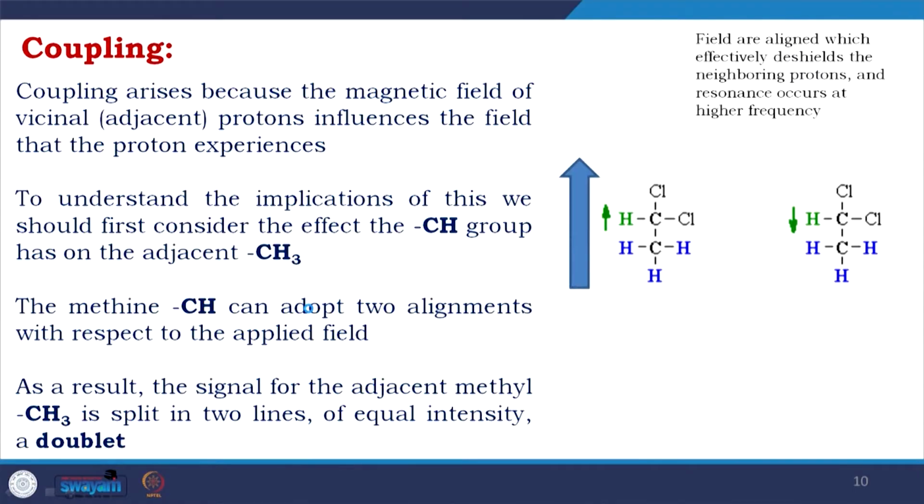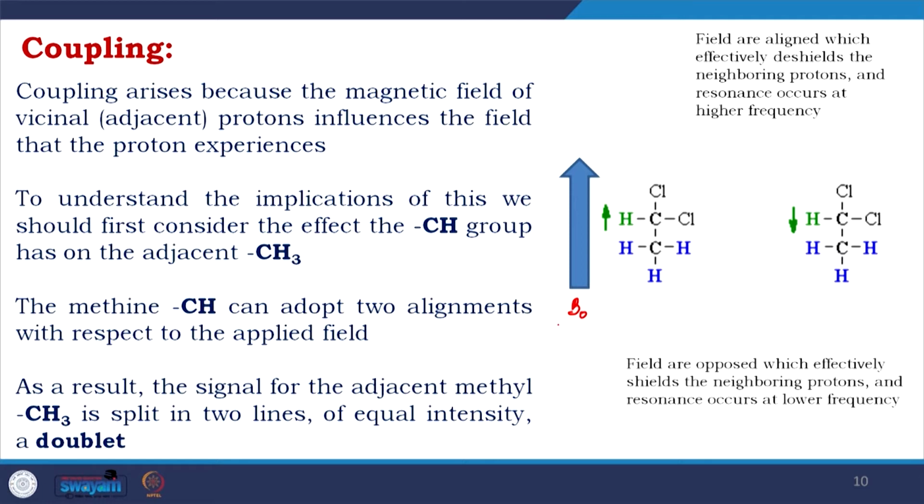So, if you see, the external magnetic field B0 comes, and the fields are aligned, which effectively deshields the neighboring proton and resonance occurs at higher frequency. On the other hand, fields are opposed, which effectively shields the neighboring protons and resonance occurs at lower frequency.